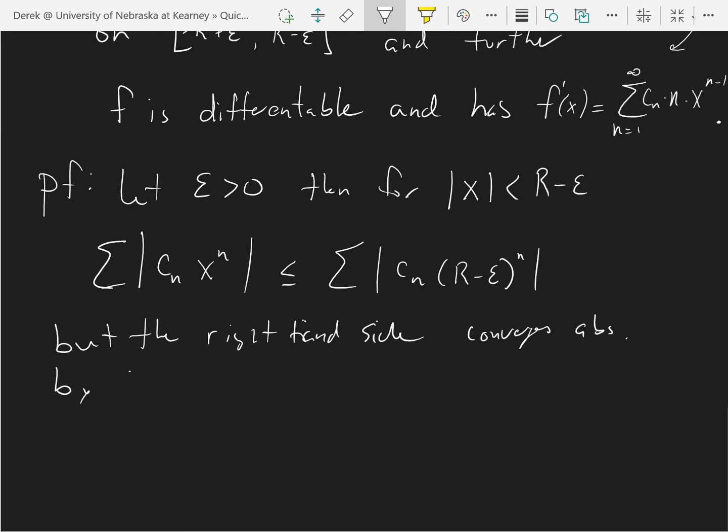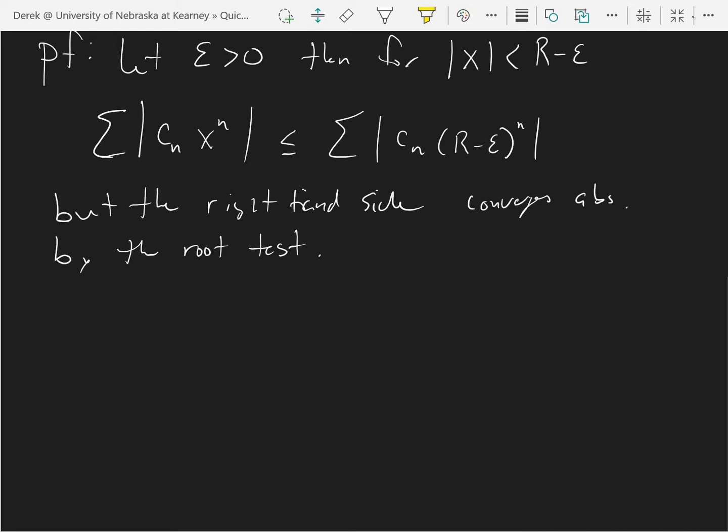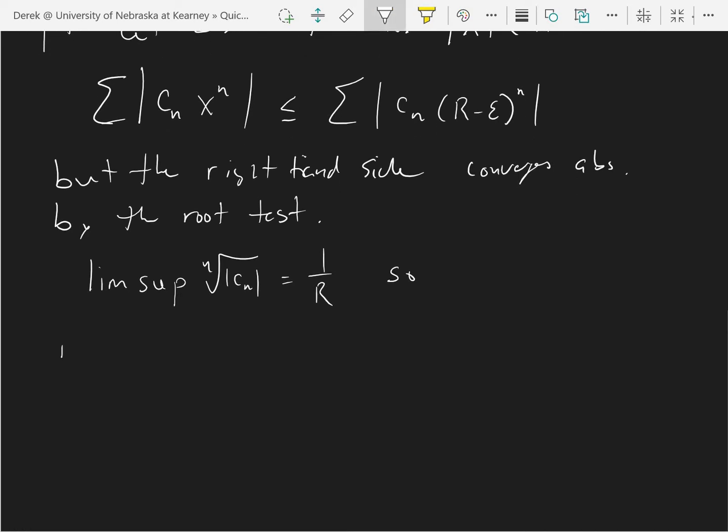So let's see that. Recall that if the radius of convergence is r, 1 over r would be the lim sup. So the lim sup of the nth root of the absolute value of c sub n equals 1 over r. And since it converges, this is less than 1.